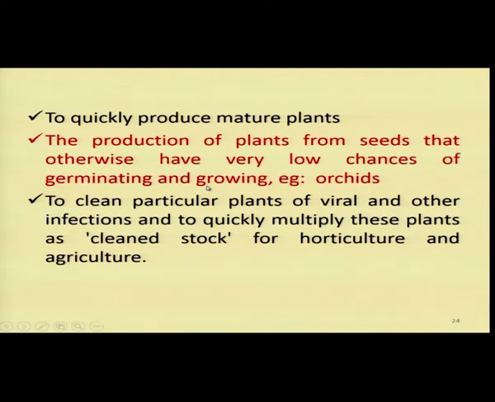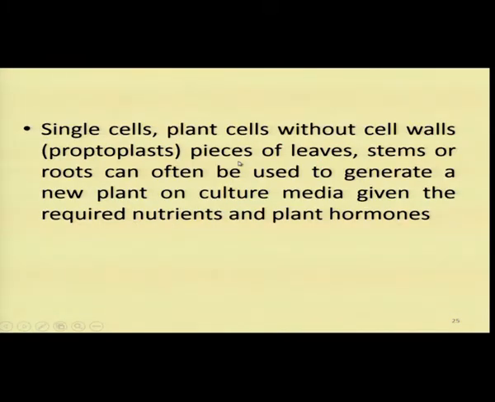They propagate very slow, normally seeds are very less, so propagation becomes very difficult. To clean particular plants of viral and other infections and to quickly multiply these plants as a cleaned stock for horticulture and agriculture. Single cells, that is plant cells without cell walls, otherwise you call them as protoplasts.